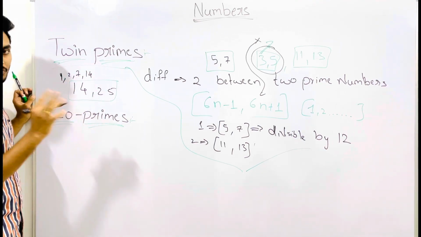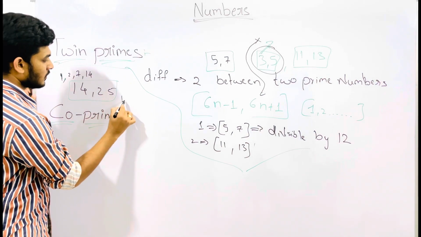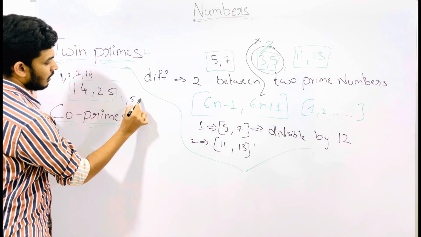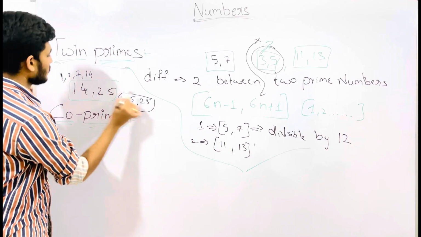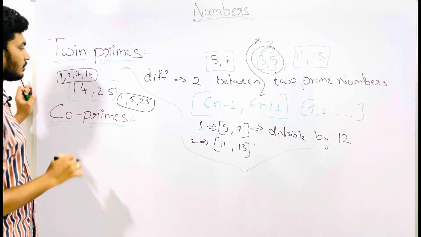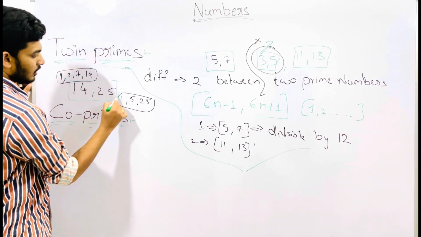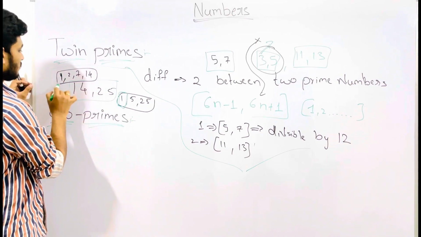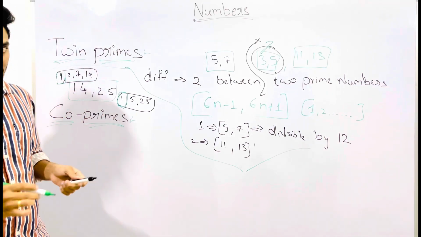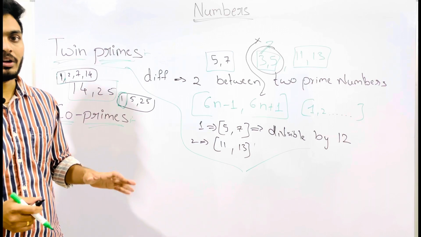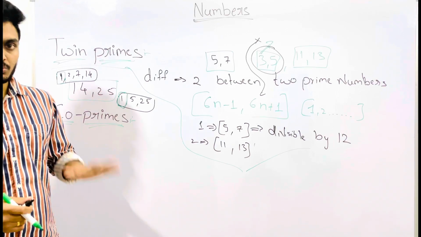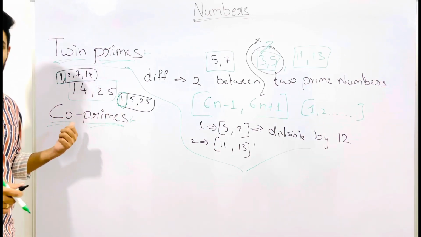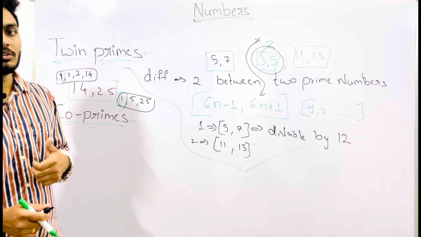The factors of 25 are 1, 5 and 25. In these, the only common factor is 1. Two numbers whose only common factor is 1 are called coprimes.